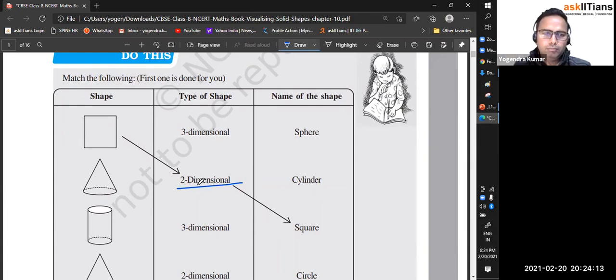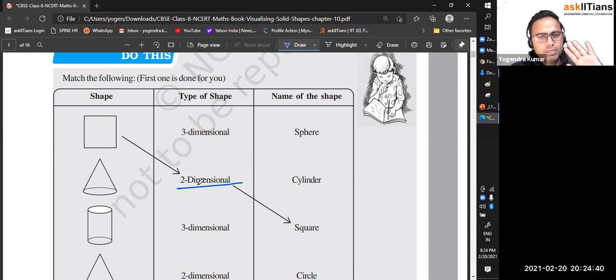But 3D we also draw like this, a cylinder or a cone, but they are not exactly real, we cannot feel them. This dotted line means it is showing that this is coming out towards you. So 3D is something we cannot feel exactly like that. 2D is what we can draw in the plane of the paper.